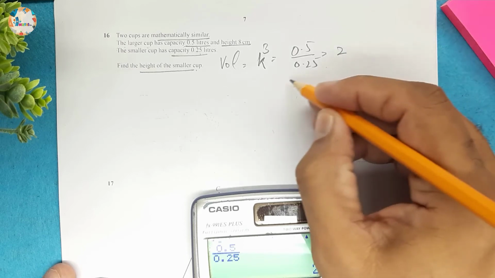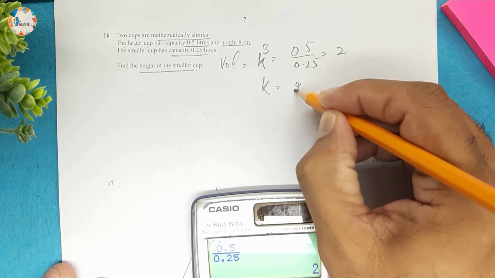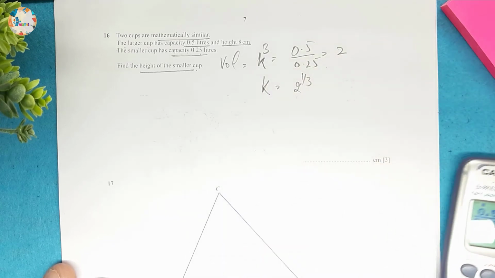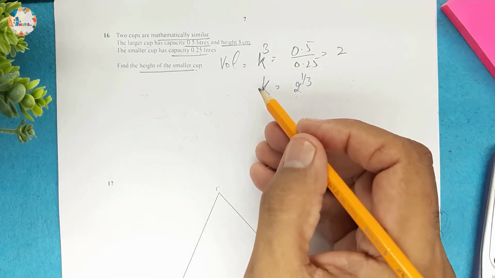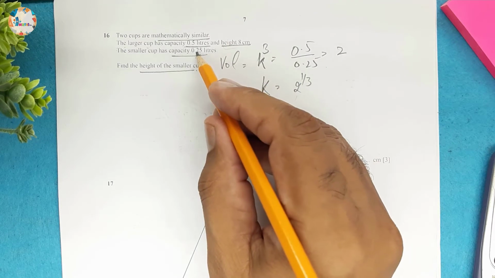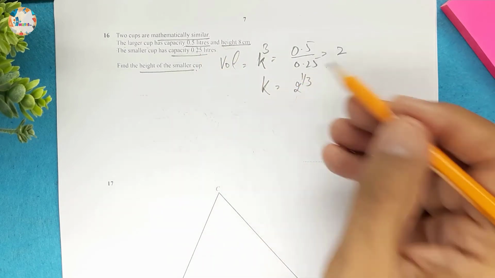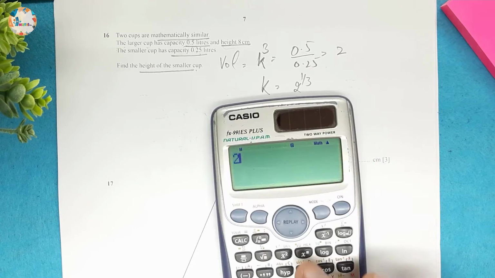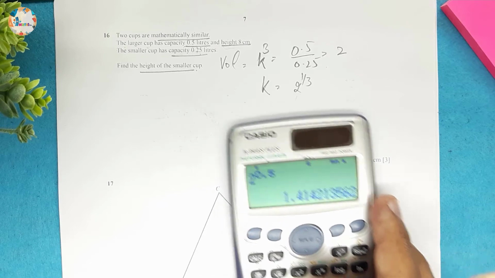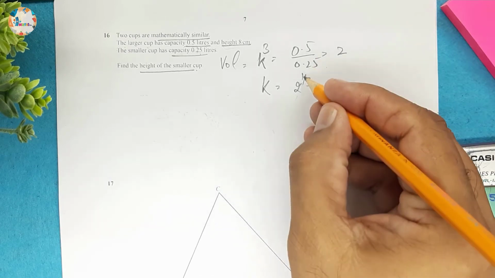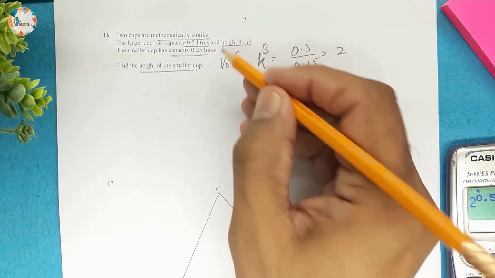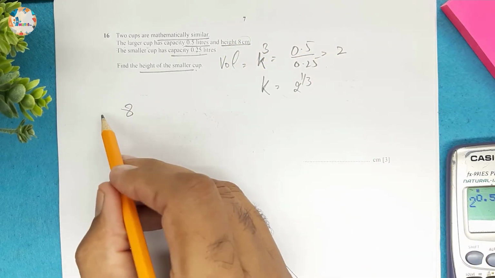So the k value will be equal to 2 raised to the power 1 by 3. Now this is our k value. We need to find the height of the smaller cup. So 2 raised to the power 1 by 3 is about 1.26. We will have to divide this 8.